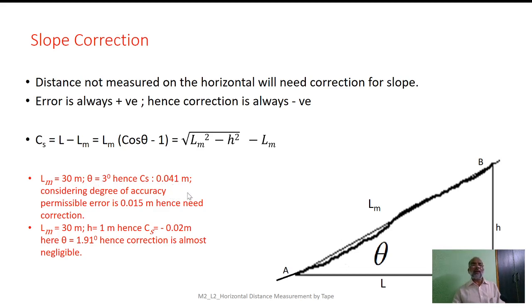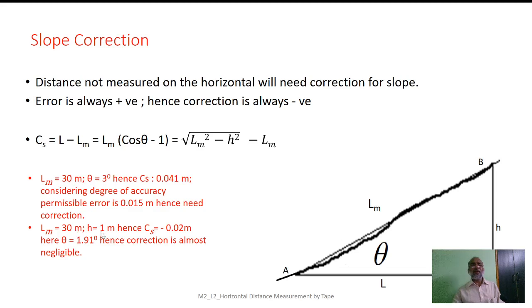If we consider the degree of accuracy for ordinary works as 1 in 2000, the permissible error is 0.015. And here the actual correction works out to be 0.041, and hence we have to take it into account. So depending on the degree of accuracy, you will be able to apply the actual correction instead of simply relying on such thumb rules.